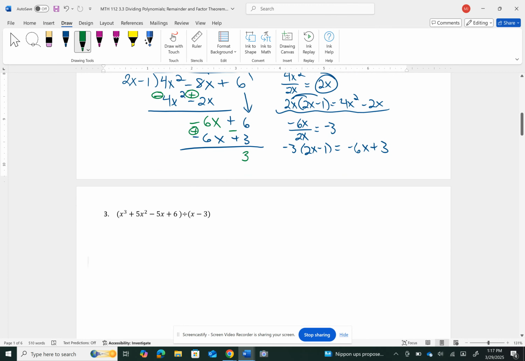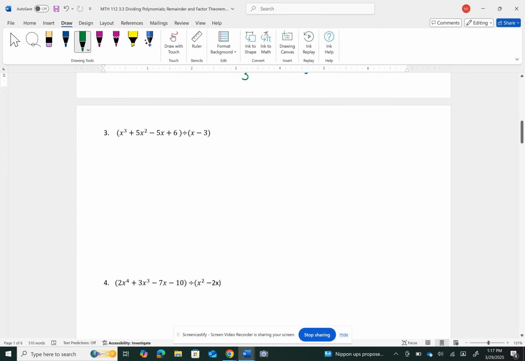Now with question number 3, I really could do this one using synthetic division, but we're working on learning the long division approach. So I'm going to take the x minus 3 and divide it into this. Make sure they're in order. And if there were any missing terms, you'd need to put in a 0, but there just aren't any missing terms.